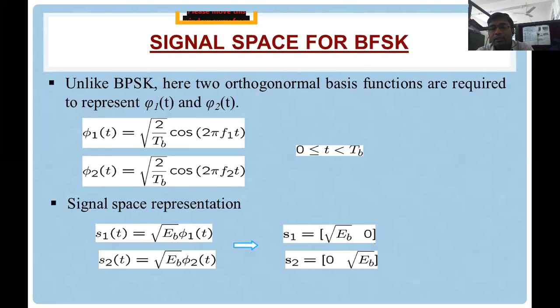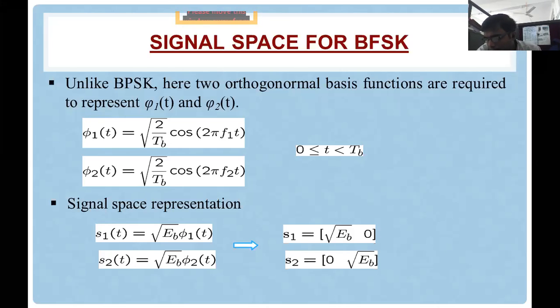Phi 1(t) and phi 2(t) are orthonormal carrier signals, with amplitude square root of 2 over T_b, phi 1 being cos 2 pi f1 t and phi 2 being cos 2 pi f2 t, where t is between 0 and the bit period T_b.